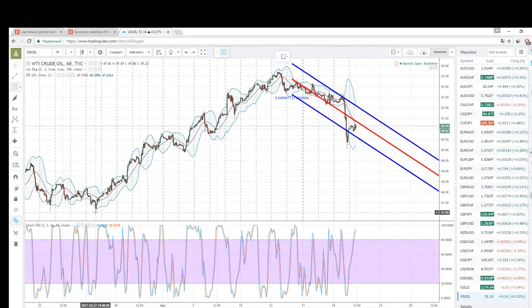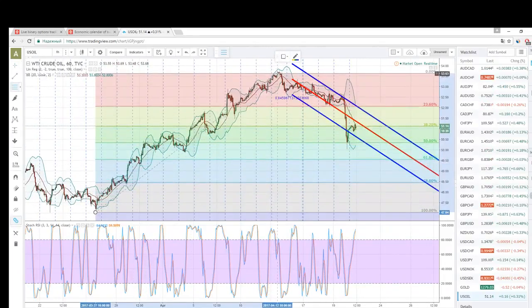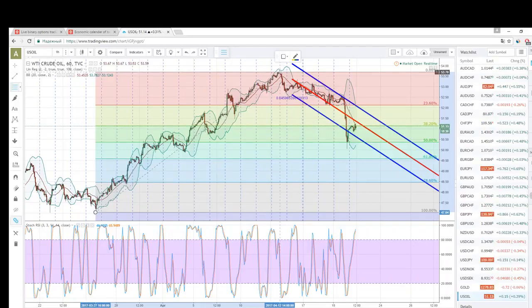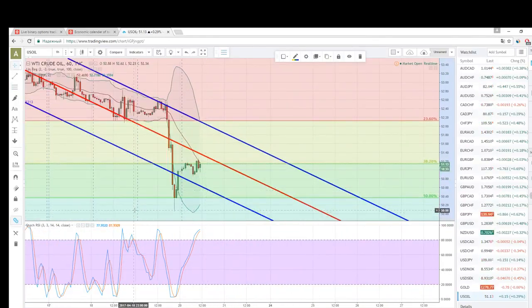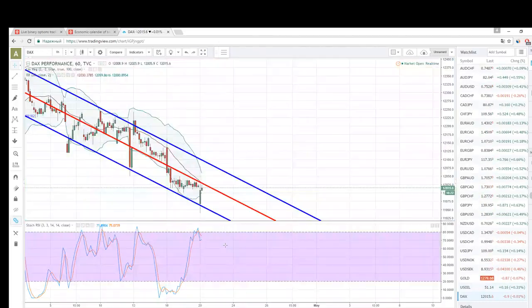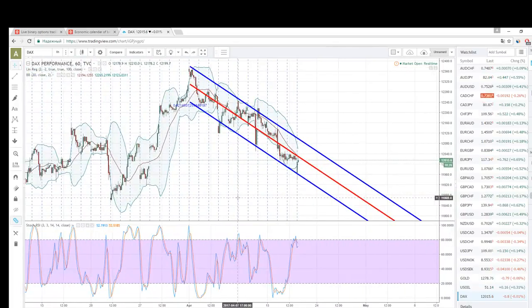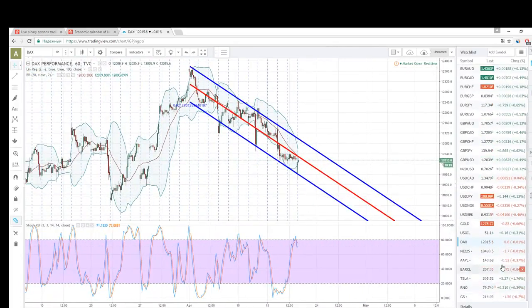Okay, here we have US oil. I will take the bigger time frame. Here I believe that the option is possible to enter for low around for 1 or 2 hours. Here we have German DAX.